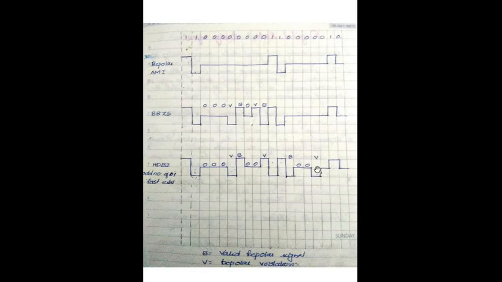In HDB3 here it is violating the property of bipolar AMI, so it is represented by V. Again 0, that is in the line signal. Again we are having 1, that is just opposite to the previous one, so it becomes positive. And 0, it is in the line signal. Those are the scrambling techniques which we are using.